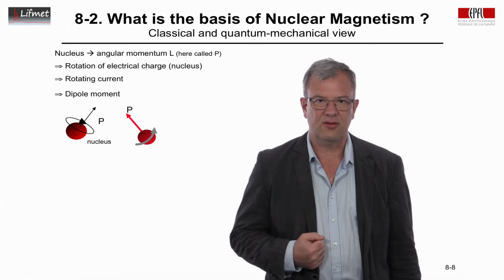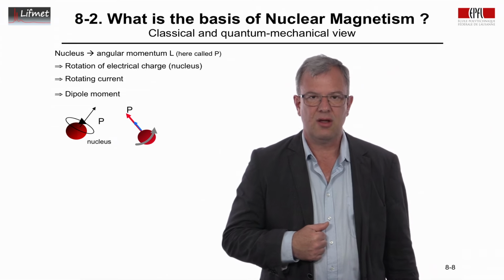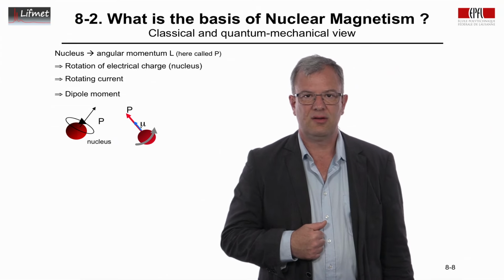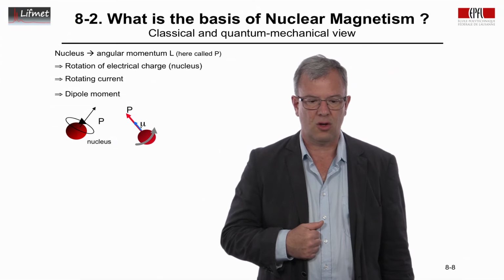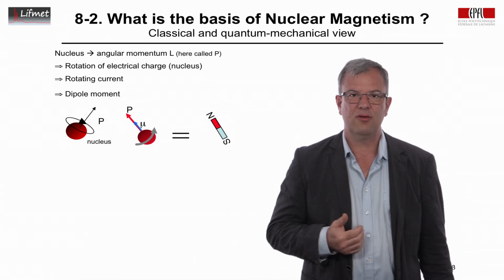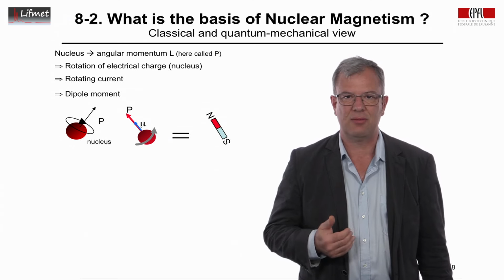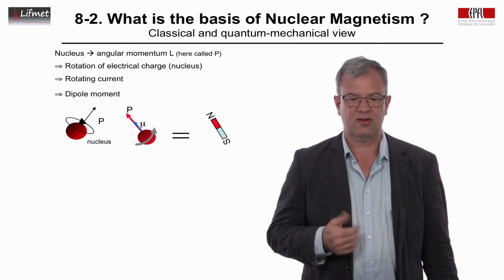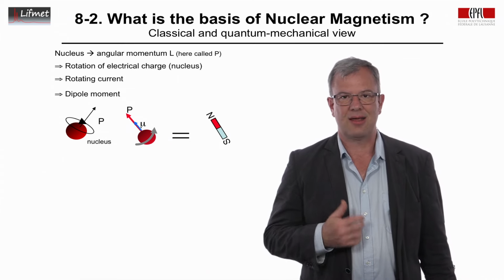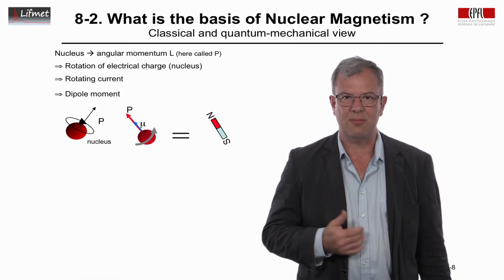So just like with a ring current, we associate a dipole moment, that we will call mu here. Now, in terms of magnetism, we can picture the nucleus as if it was a bar magnet. It's not a bar magnet per se, but it acts electromagnetically like a bar magnet. It has a dipole magnetic field associated with it.